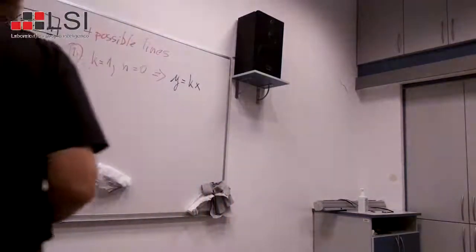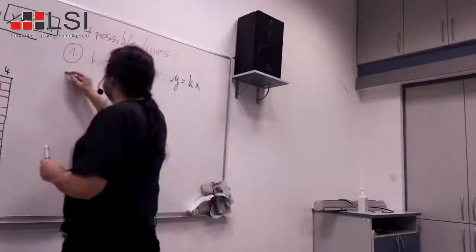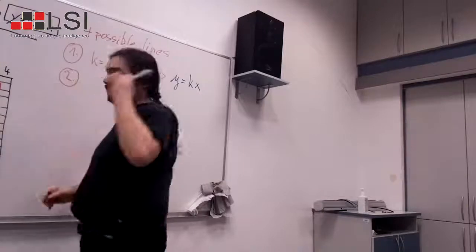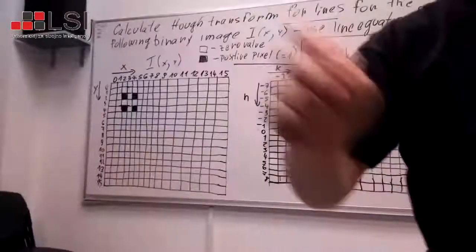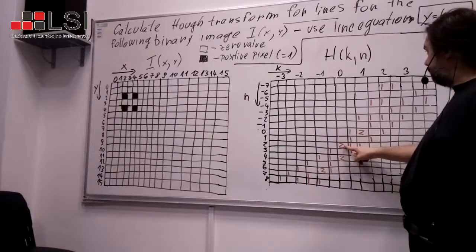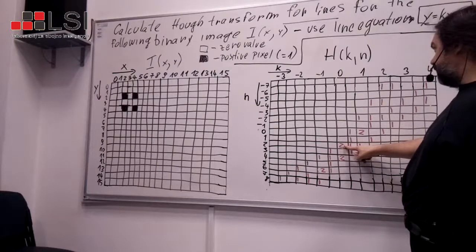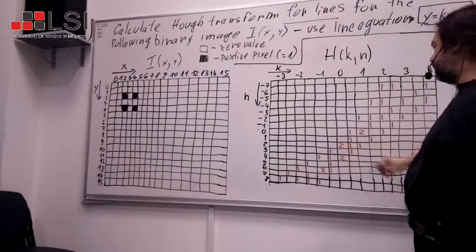The second one. Now I won't show the other part with the camera. Okay, I may as well. So the second one is here, and this one is k is 0 and n is 2.